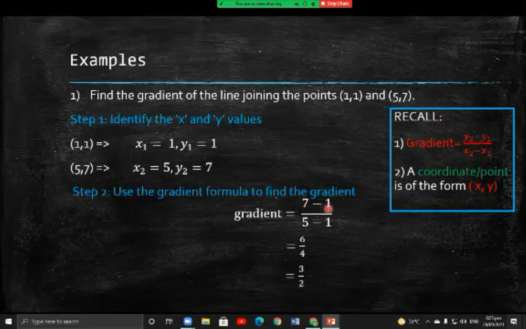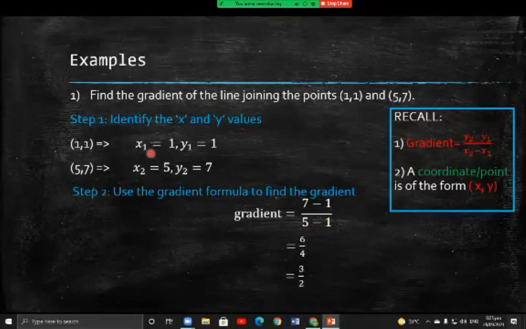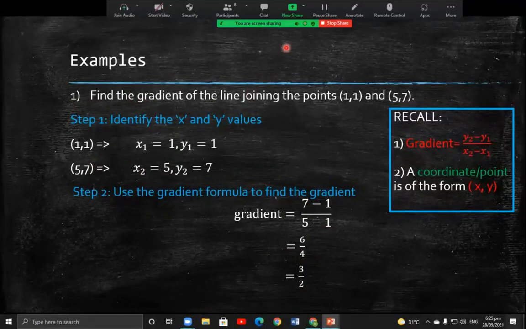That's why we have 7 minus 1 at the top, because that's y2 minus y1. At the bottom, x2 is 5, minus x1, which we said is 1. So that's why I have 5 minus 1. So 7 minus 1 is 6, 5 minus 1 is 4, but that could be reduced to 3 on 2. If they had asked you to find the gradient, that's the answer, 3 on 2. And that's all it is to it.